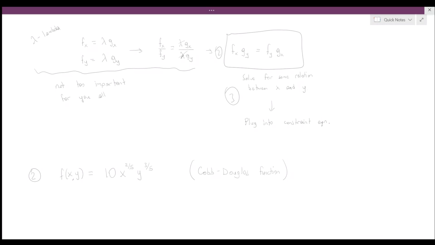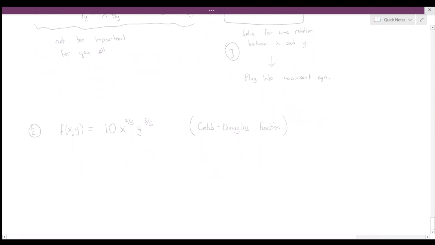Okay, now, this next part is going to give us a constraint equation. So we're given a budget of $1,000. And we also have the cost per unit of labor and capital being $4 and $3.